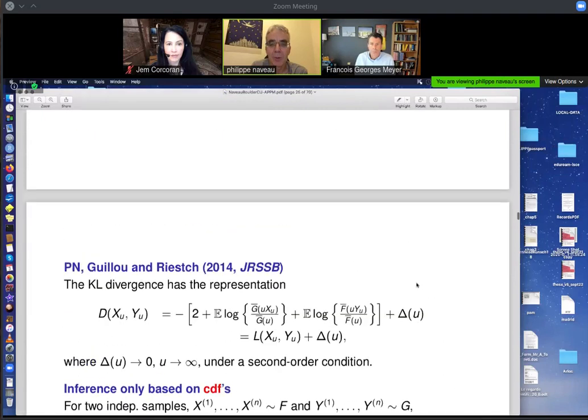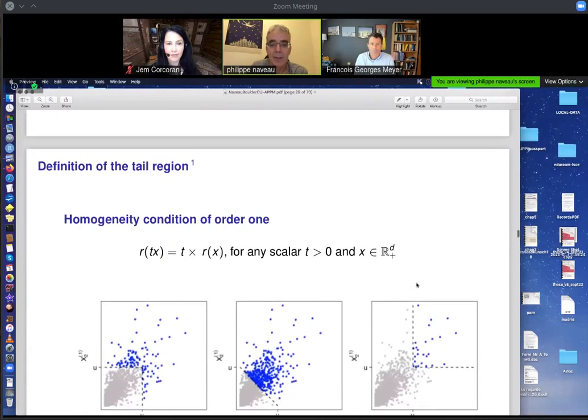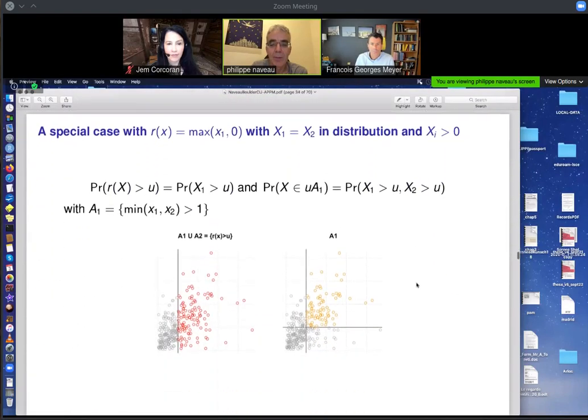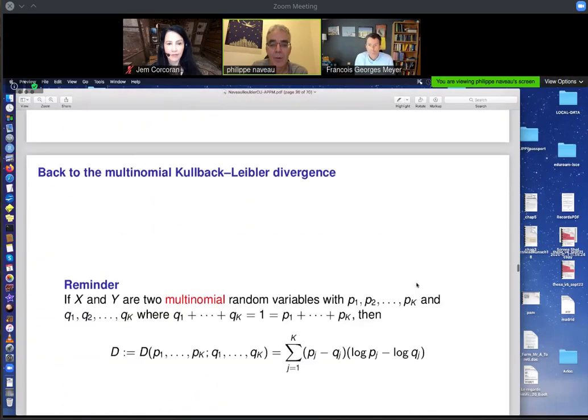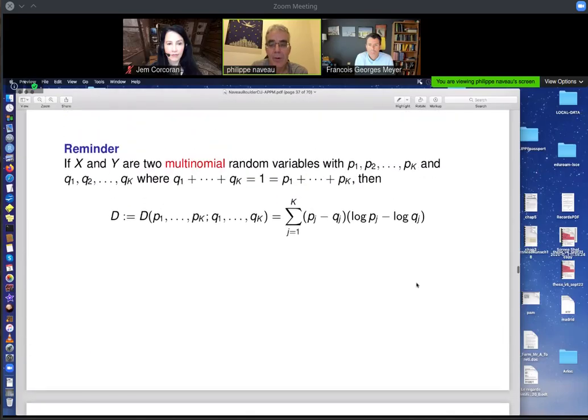If you look back at this formula here, it's very easy to do a plug-in. I'm not sure the Wasserstein would be that simple. I wouldn't say better, but it would be a good alternative.